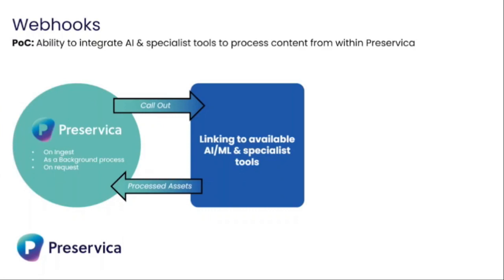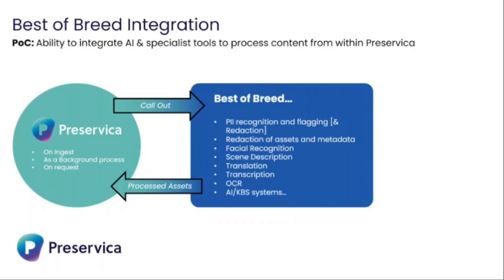It calls out to an external script, which links to any available AI or machine learning or specialist tool, and passes information back. So this allows us to do best of breed integration to any external product: PII redaction, facial recognition, scene description, translation, OCR, transcription, bottom of my list but top of your list, and any AI knowledge-based system.